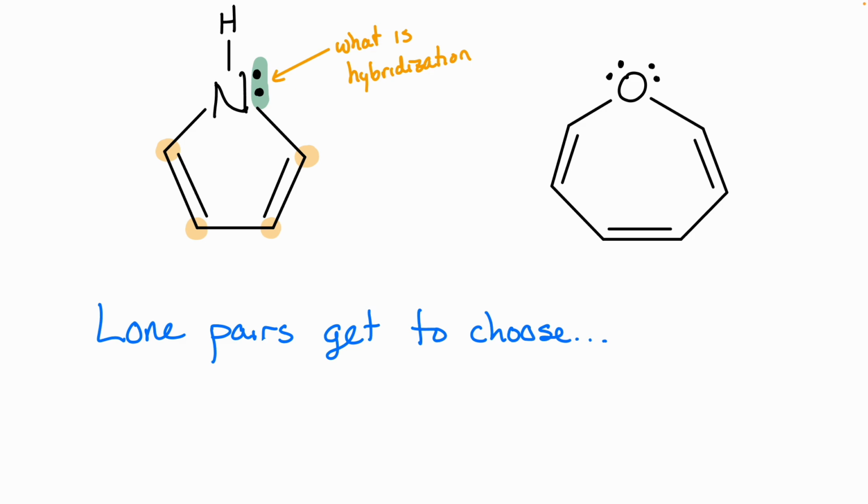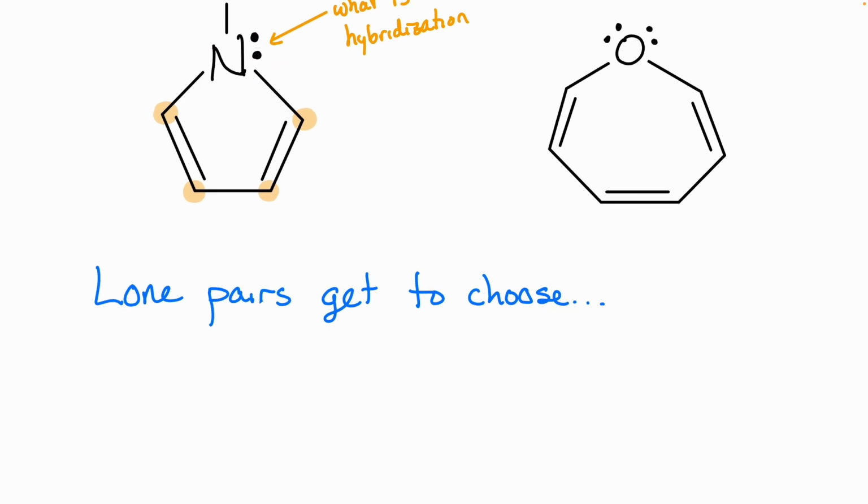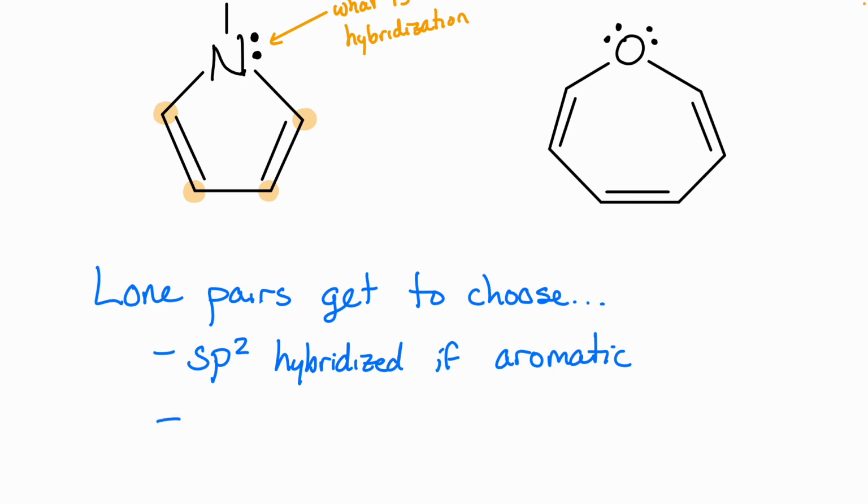The way it's going to make that decision is based on whether or not that makes this molecule aromatic. So this lone pair of electrons gets to choose. It will be sp2 hybridized if that makes the compound aromatic, or that nitrogen is just going to stay sp3 hybridized if it would make that compound anti-aromatic.